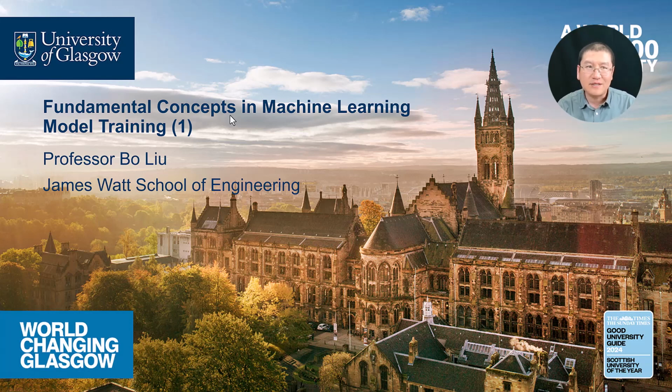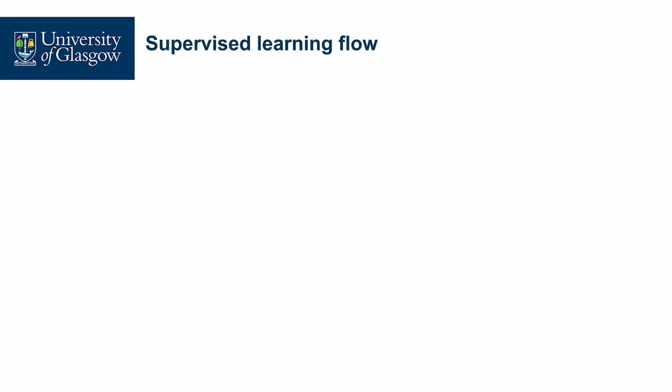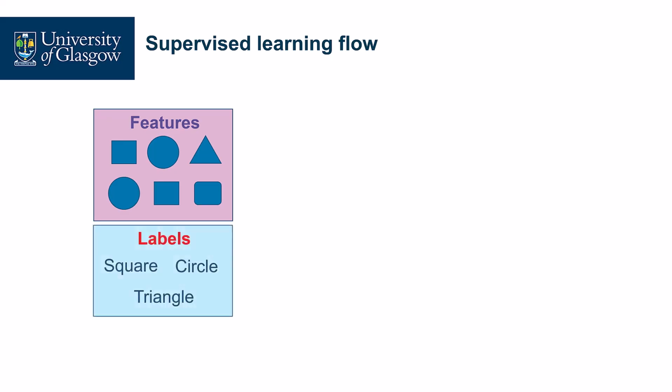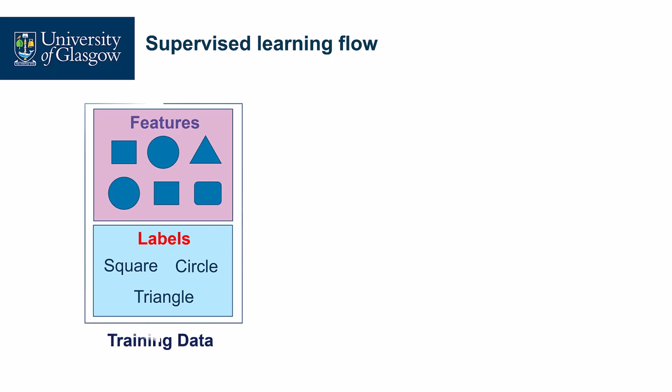So in this session, we will go deeper into the model training in the machine learning procedure that I have said in the last week, right? So let's review the supervised learning flow first. First we have the features and we have labels, we have the input data, so we call them training data, right?